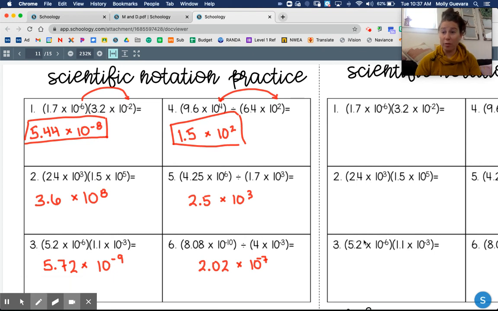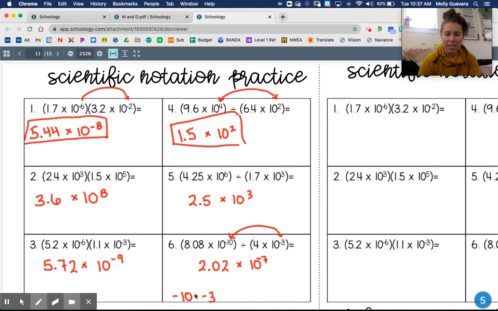Okay, so hopefully you tried them. Here are the answers. The only one I really want to go over here is number 6. 8.08 divided by 4 is 2.02. But then right here, when we're subtracting, I want to show you what happened. So I have negative 10, and then I subtract negative 3.